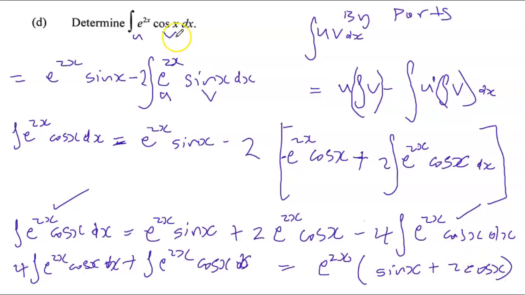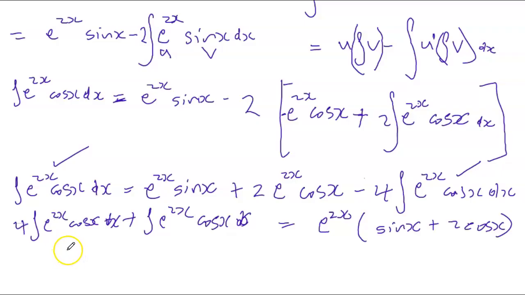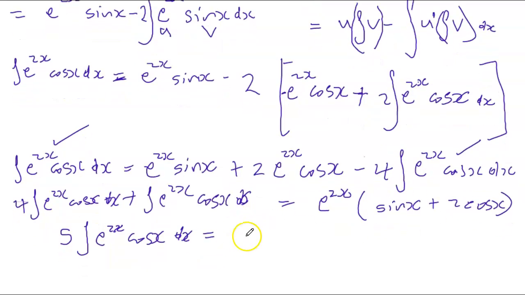Remember, the aim of the game is to find the integral of e to the 2x cos x. So we end up with 5, which is 4 plus 1, times the integral of e to the 2x cos x dx, equal to what we have on the right hand side, which is e to the 2x times sin x plus 2 cos x.